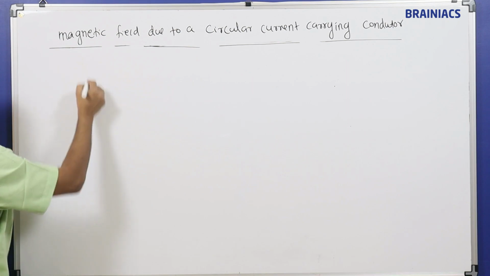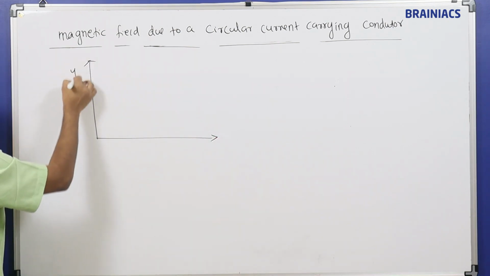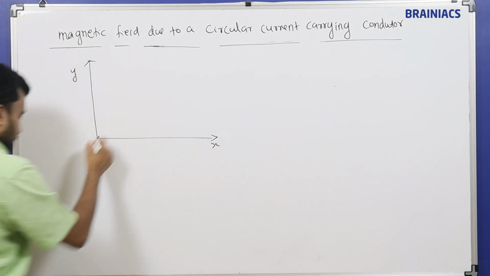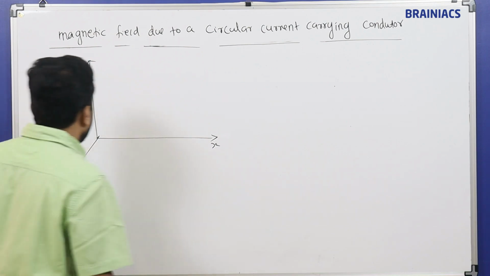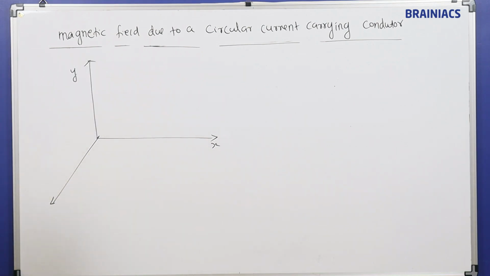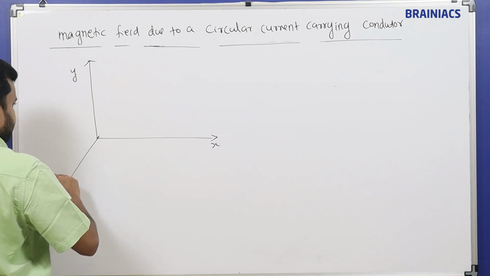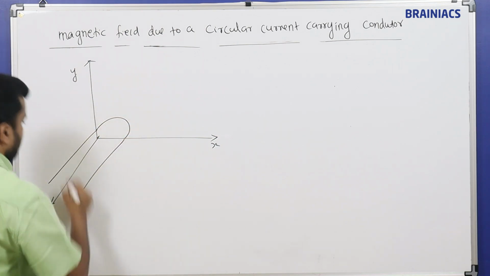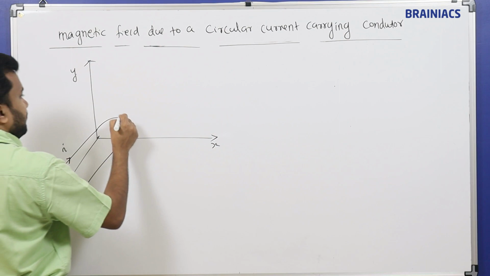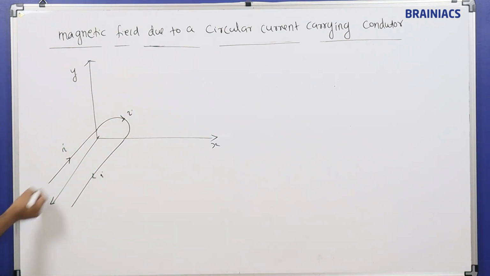Fine. So we have a Cartesian coordinate axis. This is y and this is x and this is z. Okay, now these are the concepts here, going to infinity and going to infinity.